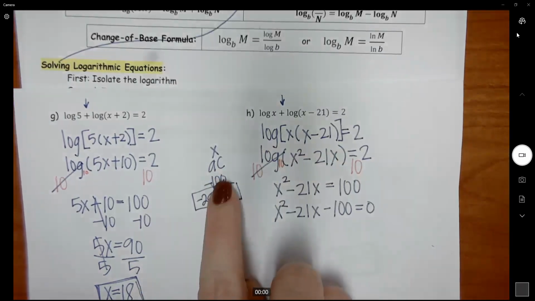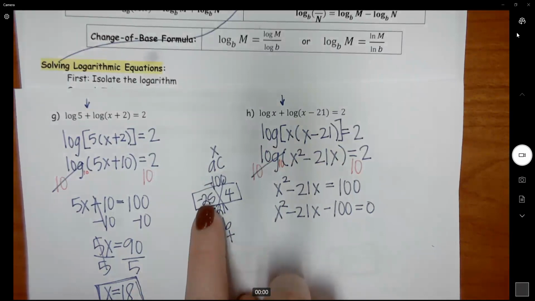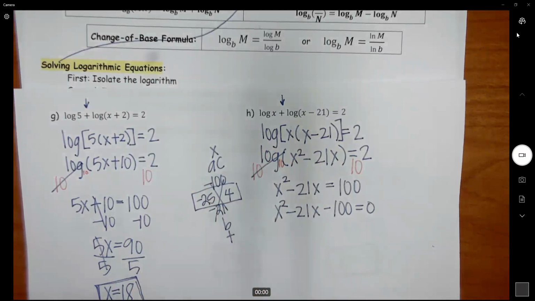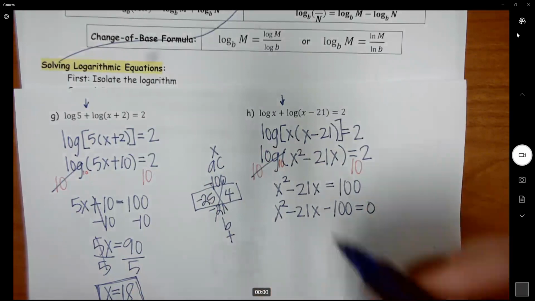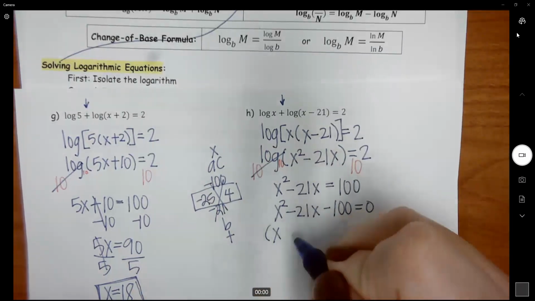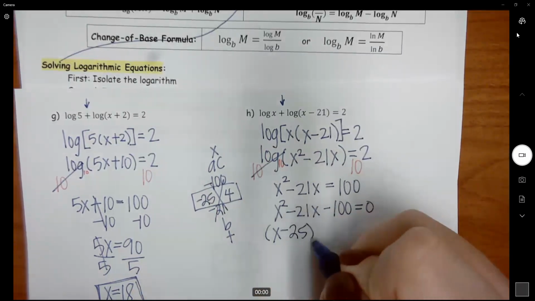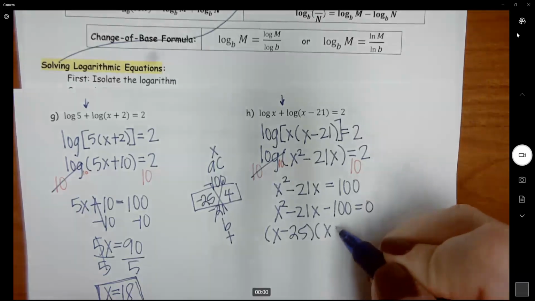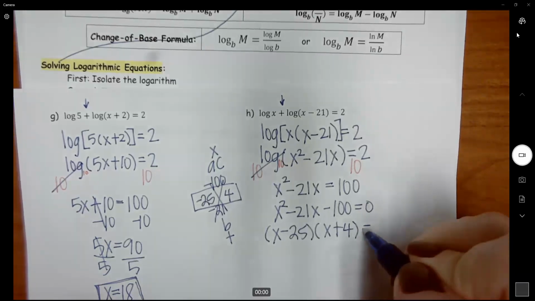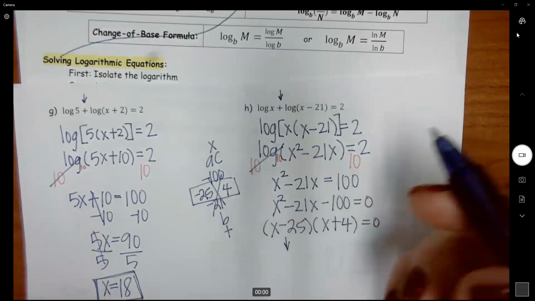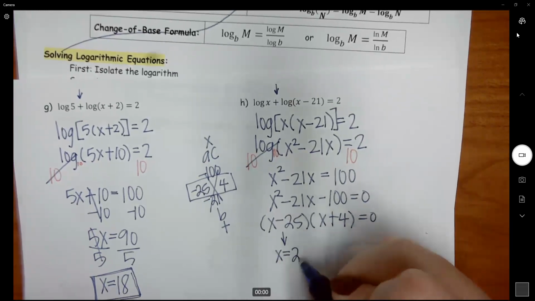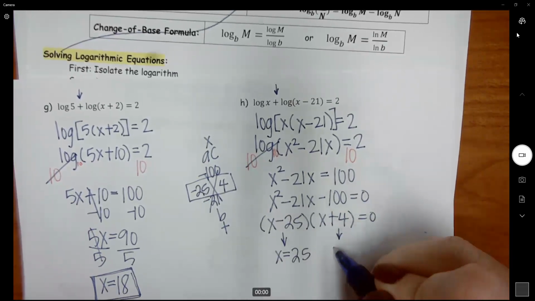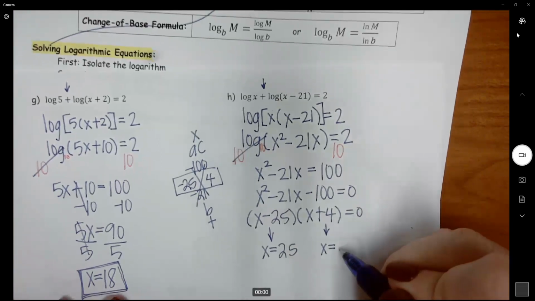Negative 25 times 4 is negative 100, but negative 25 plus 4 is negative 21. This is an easy trinomial. So it will just factor to x minus 25 times x plus 4. When I set this equal to 0, we get x equals 25. And when I set this equal to 0, we get x equals negative 4.